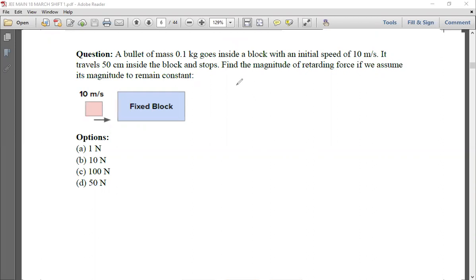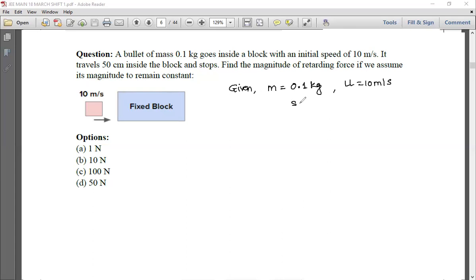First I am writing, given m is equal to 0.1 kg. Next, it goes inside a block with an initial speed of 10 meter per second, means u is given as 10 meter per second. It travels 50 centimeter inside the block.